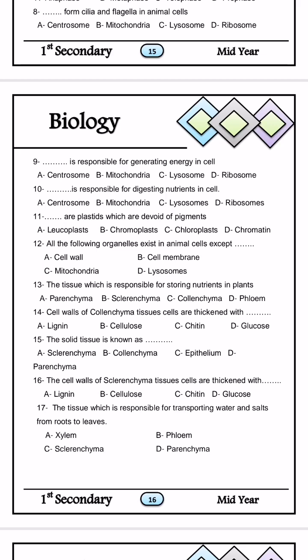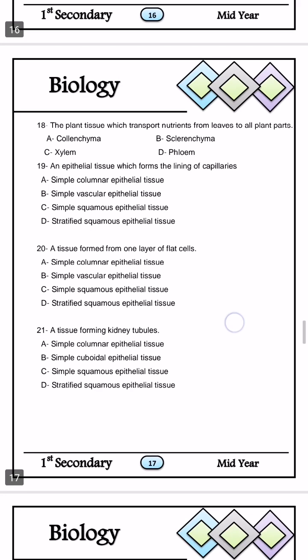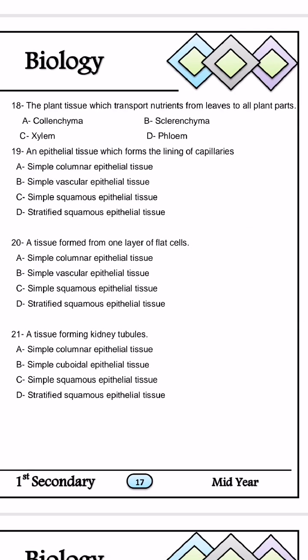Number 17. The tissue which is responsible for transporting water and salts from roots to the leaves: xylem, phloem, sclerenchyma, parenchyma. The answer is xylem. Number 18. The plant tissue which transports nutrients from leaves to all parts of the plant: collenchyma, sclerenchyma, xylem, or phloem.